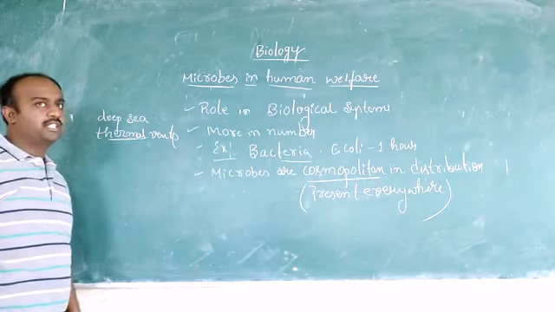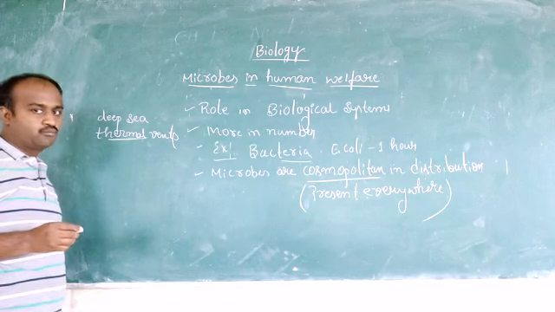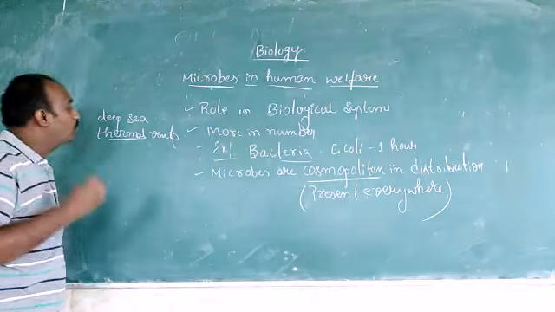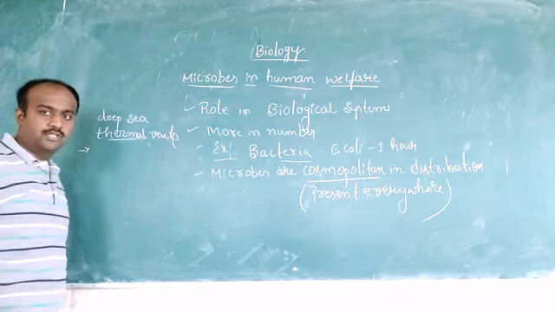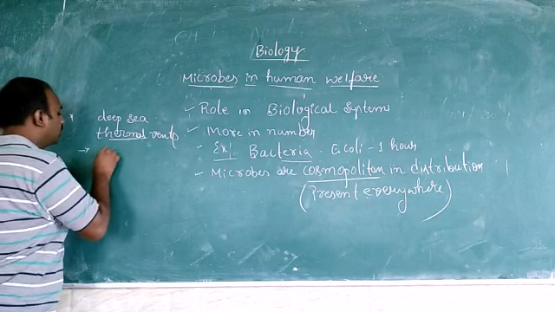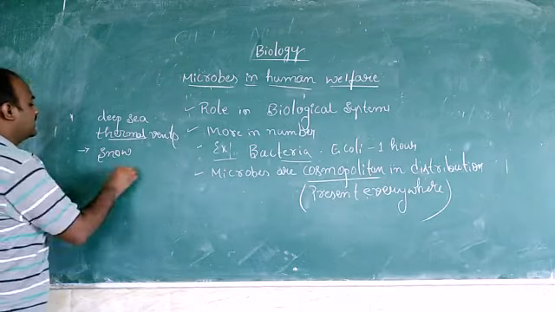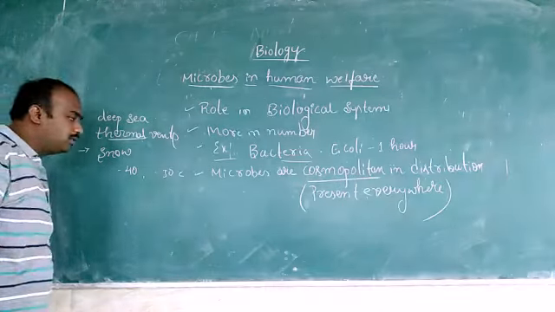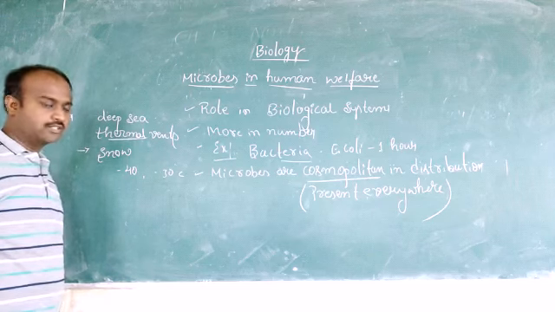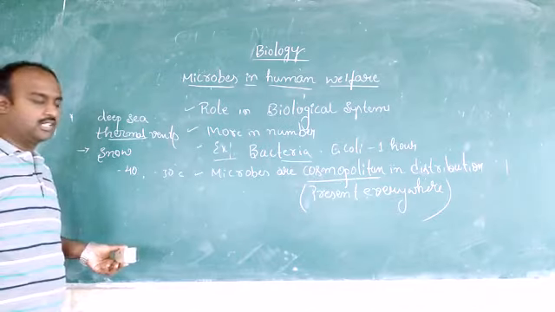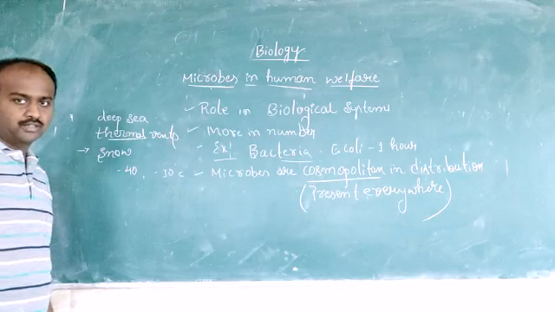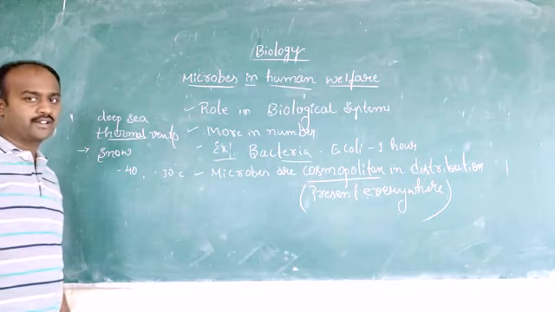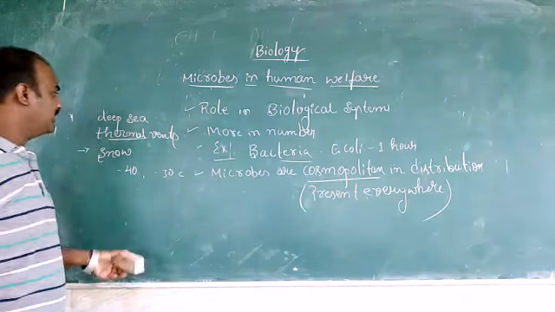Thermal vents are regions where the temperature is more than 100 degrees. In some regions deep in the sea the temperature is above 100, and even there microbes survive. And some microbes live in snow, where the temperature is -40 or -30 degrees Celsius. In those places also we observe microbes living. They have some adaptive characters, and through those characters they survive in any area.